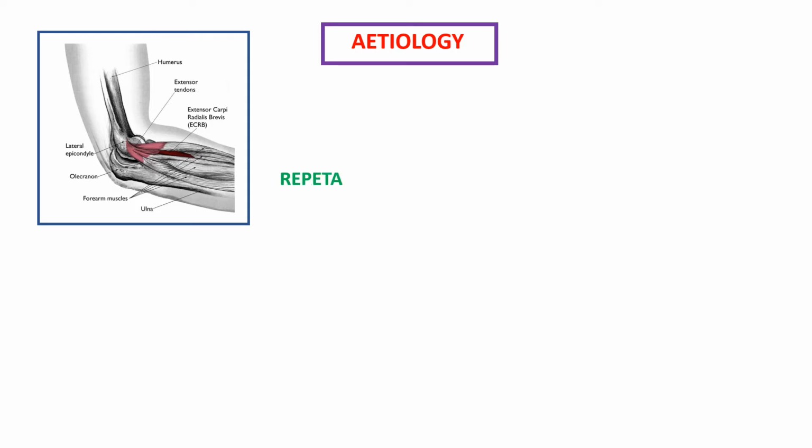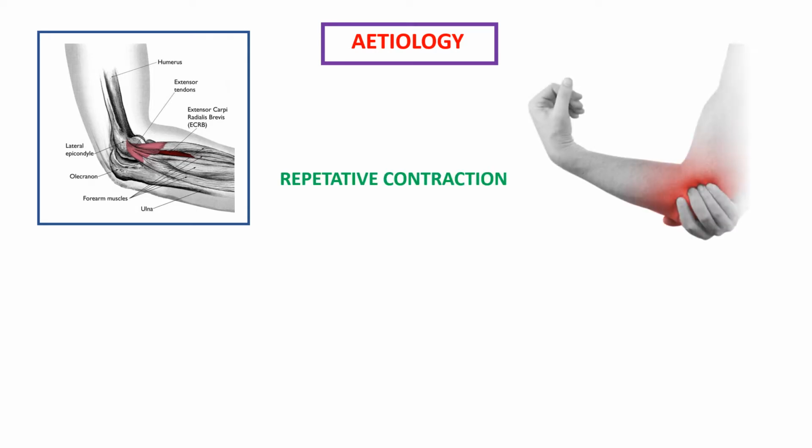Now I'll tell you about the etiology. Tennis elbow results in hyaline degeneration of the origin of the extensor tendon, and overuse of the muscles and tendon of the forearm with repetitive contractions causes maladaptations in the tendon structure that lead to pain over the lateral epicondyle area.